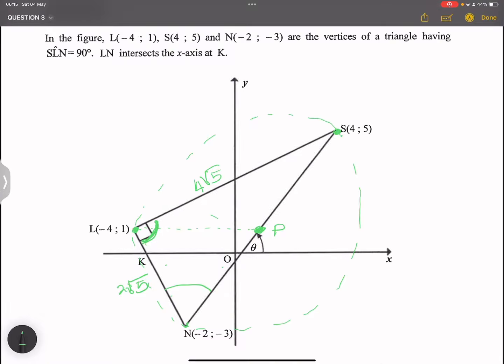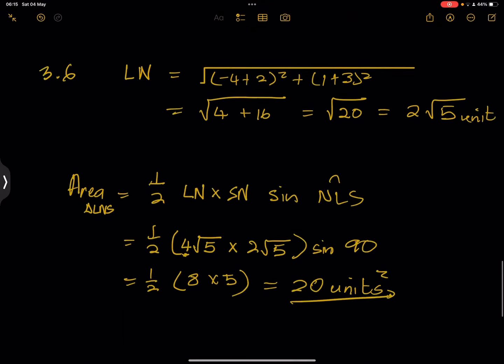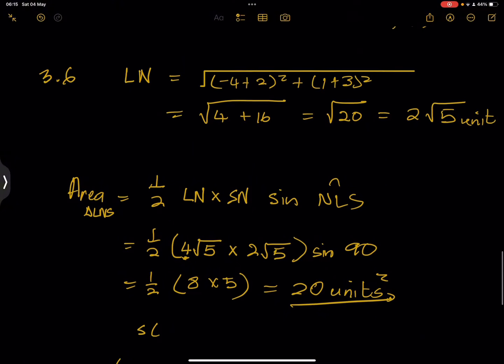So let's just find the midpoint of SN. Okay, let's do that. So P would have the coordinates. Now, I almost want to always check my points.